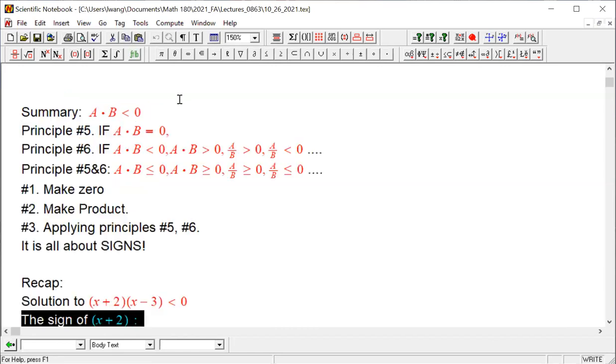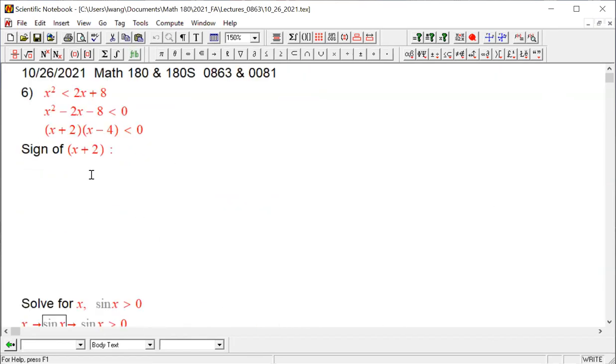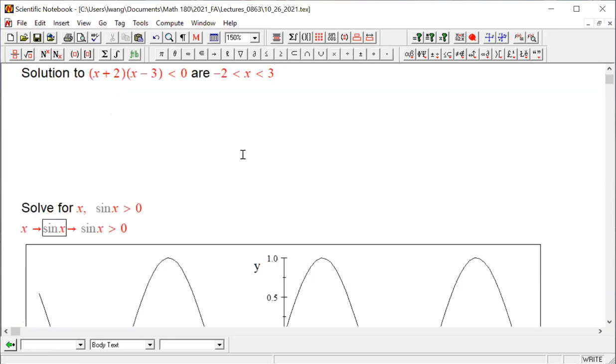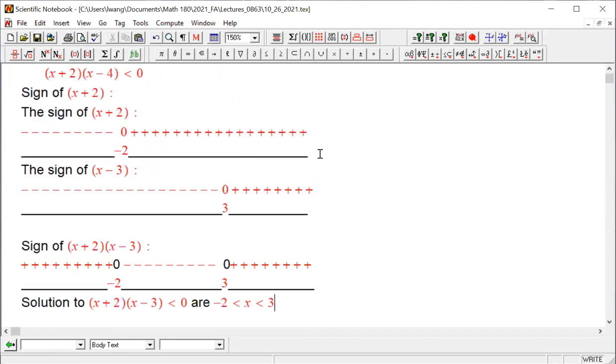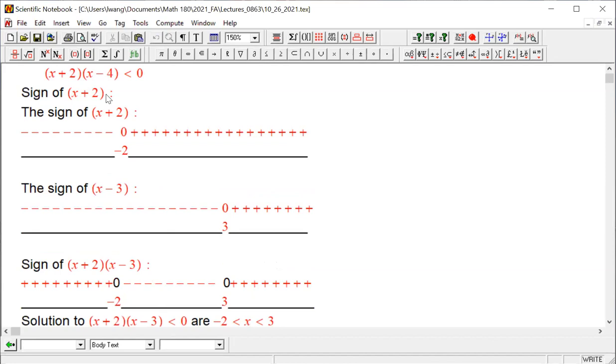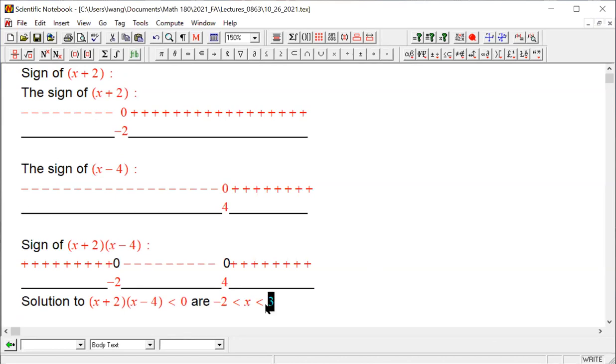We know the sign of x plus 2. And today we have x minus 4. So this is just changed to 4. x minus 4. You guys see that? Similar questions.